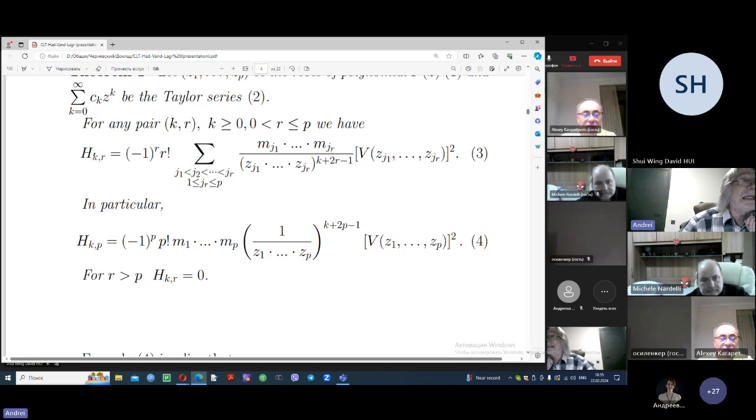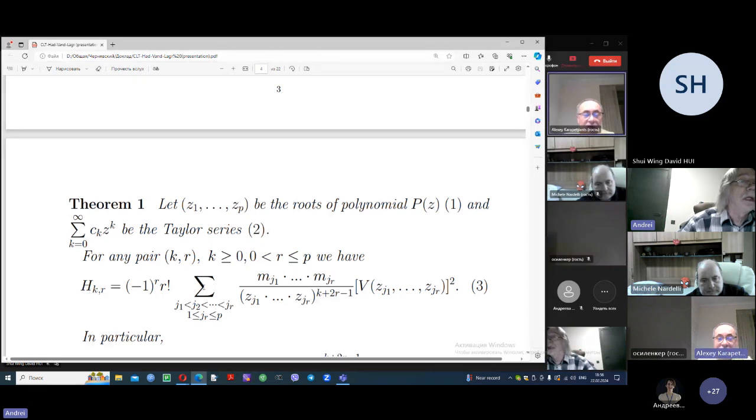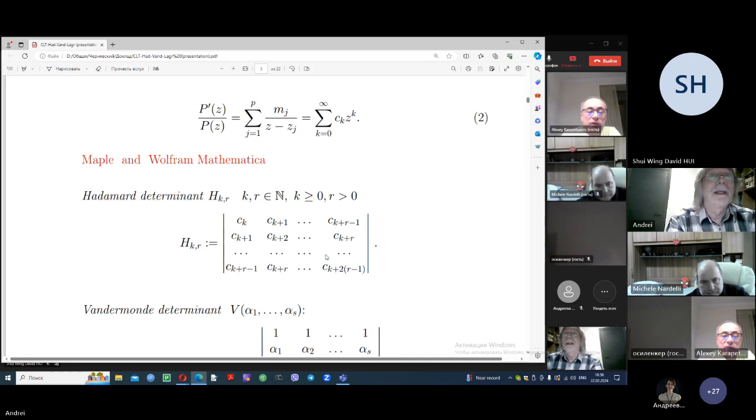And this k is not the power of a polynomial. Yes, I understand. It is this approximation parameter, right? This is the terms of this Taylor theorem. Yes, I understand, but what is going to infinity? The terms of this Taylor theorem. That's it.